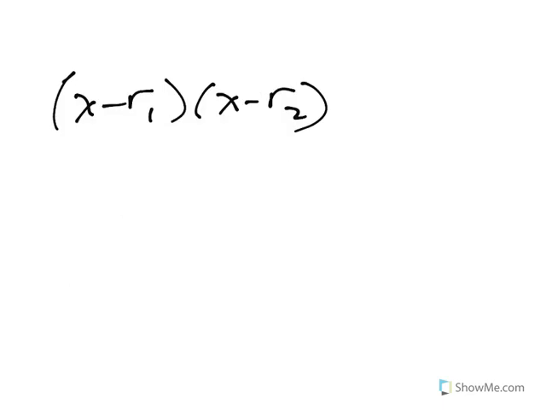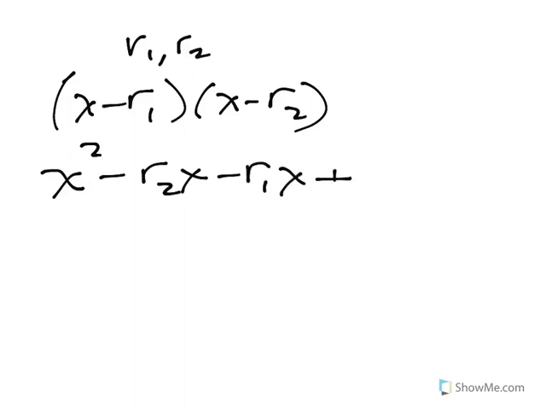To see the relationship, you can multiply. Imagine the 2 roots are called R1 and R2. Then the polynomial could be factored to x minus R1 times x minus R2. And when I multiply this out, R2x, R1x, plus R1 R2, I'll write it like this.